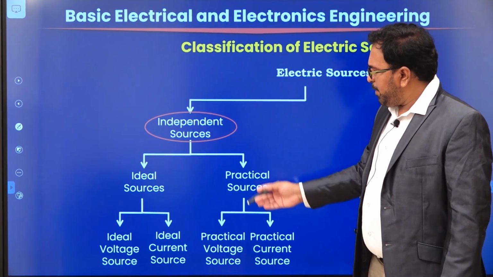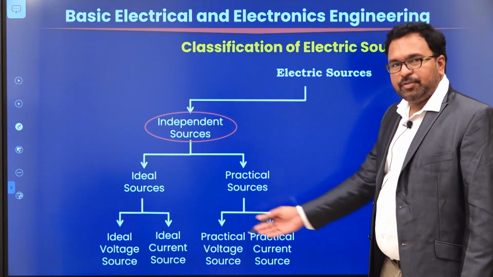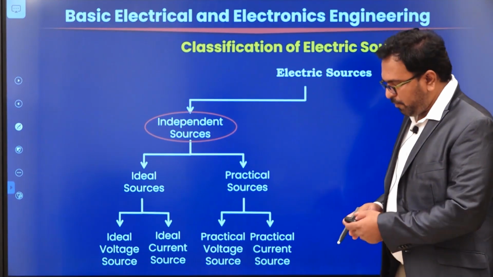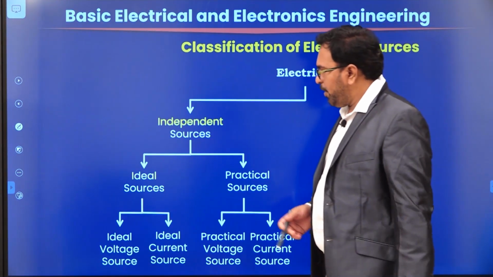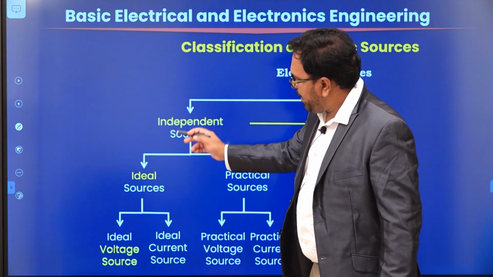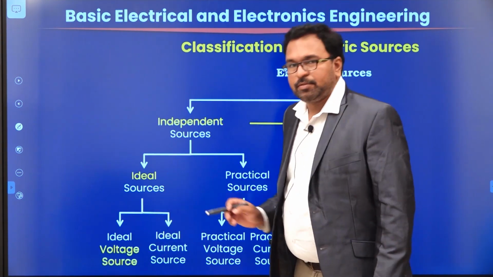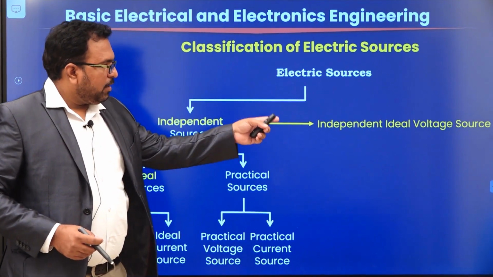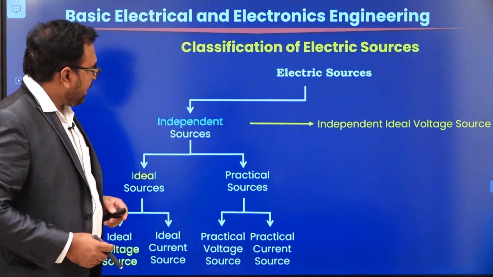So how will you classify the independent sources? There are four types of independent source if you see finally. Now how will you name them? We are going to consider the first one as the independent ideal voltage source. Next, what is the second one?